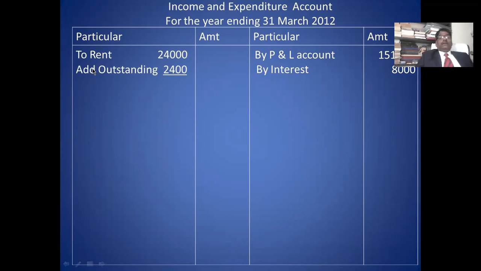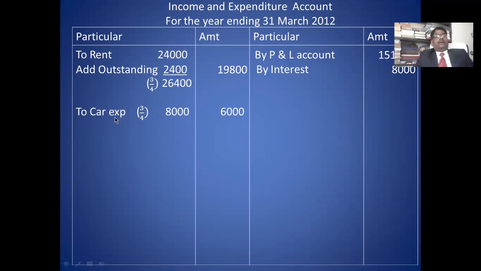Then you take the expenses. First, rent. Out of 26,400 rent, 1/4 is taken in the P&L account. Remaining 3/4 you take here. That is 19,800. You take 3/4 of the car expense. 8,000 is total. 3/4 you take, 6,000.